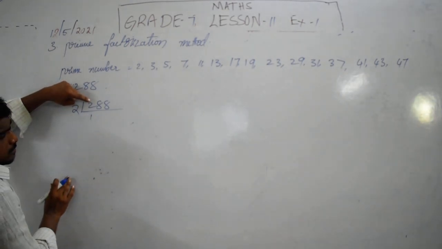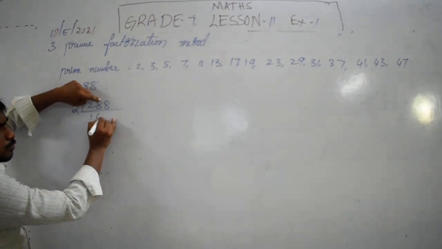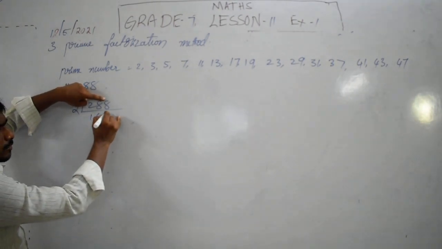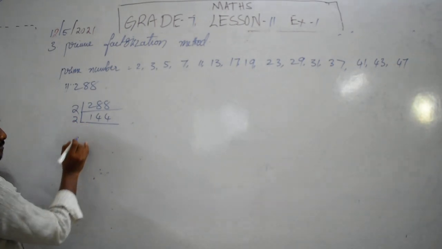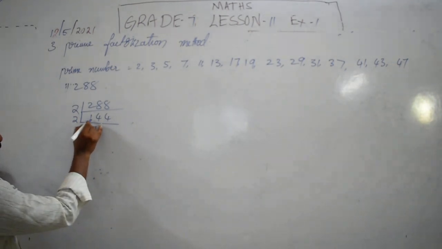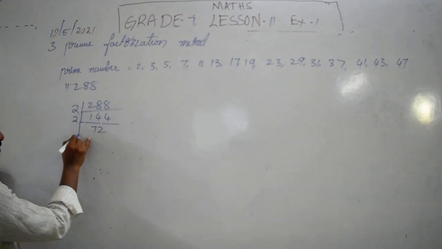2 4s are 8. Again 2 you check. 2 7s are 14.